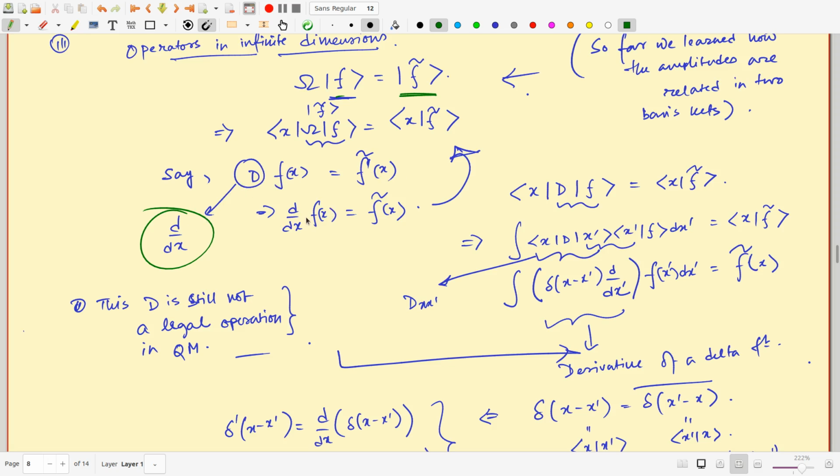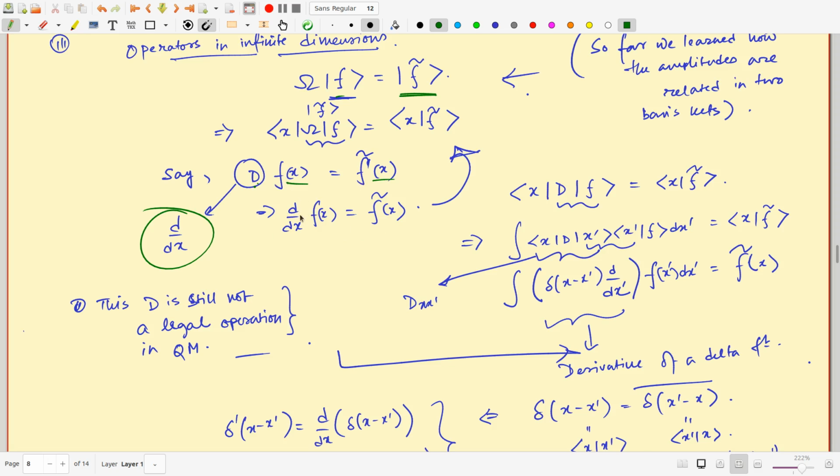Now that you know that this function can be seen as an infinite dimensional vector represented in the x basis, and this is another infinite dimensional vector, another function projected on this same basis, the operator D which takes this function to that function can be seen as an operator.